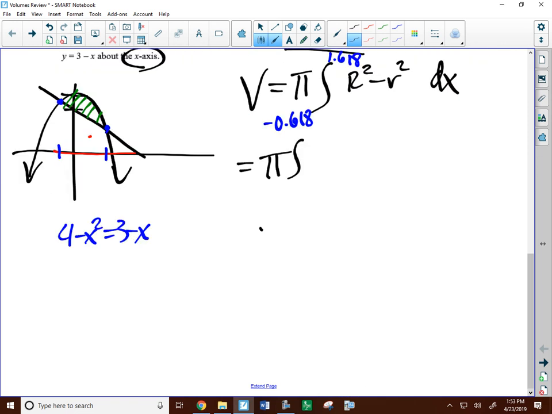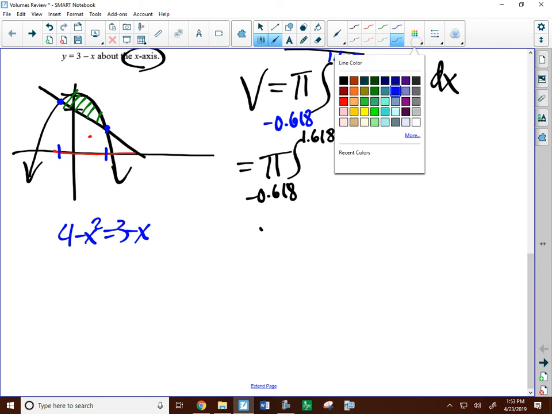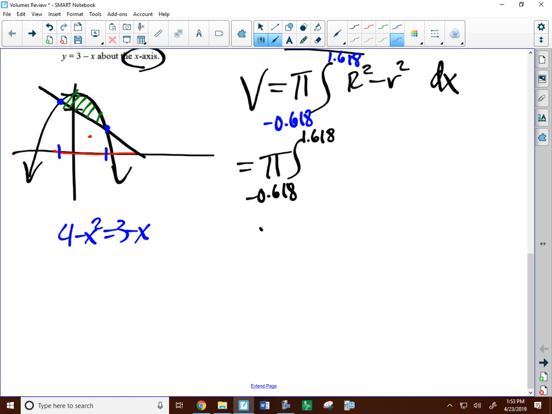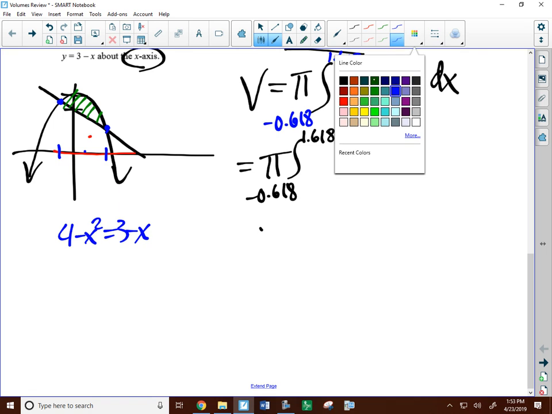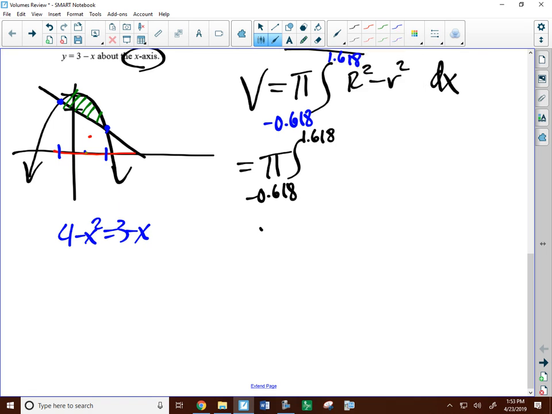Okay, same, I'm just going to rewrite these. 1.618. I need capital R, from my axis up to the outer part of my curve. Well, remember, x-axis, you can look at my chart here. I have it on the board. I'll make a quick chart just in case you're not in class seeing this.